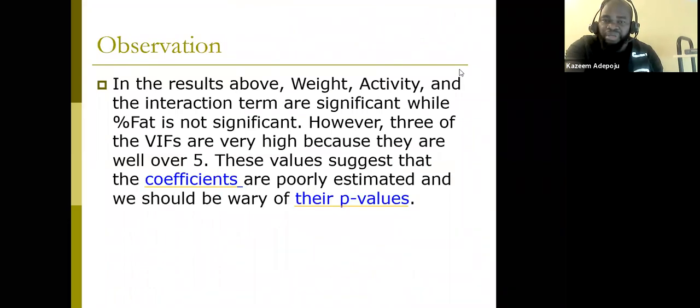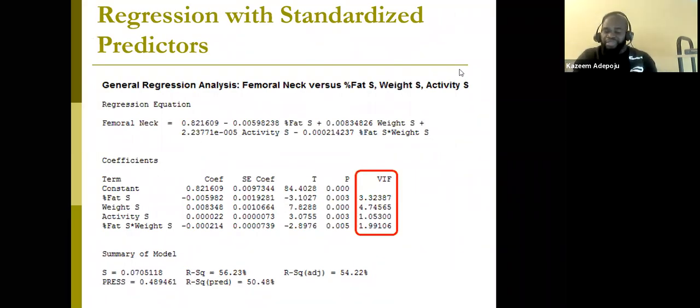And I'm actually going to show you now. Take a look at that. After standardizing, rerunning your regression, finding a VIF, look at what we have. None of the VIF is greater than 5 anymore. Are you guys still hearing me? Okay. Now, none of the VIF is greater than 5 anymore.